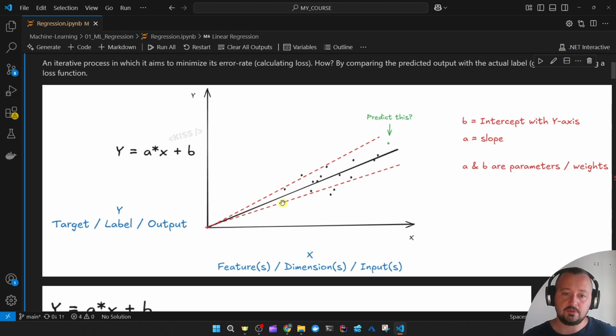The function could also be more complex, instead of a simple line. And we call a and b the parameters, the weights. While learning, the model readjusts these to result in the lowest error rate, to minimize the error rate.